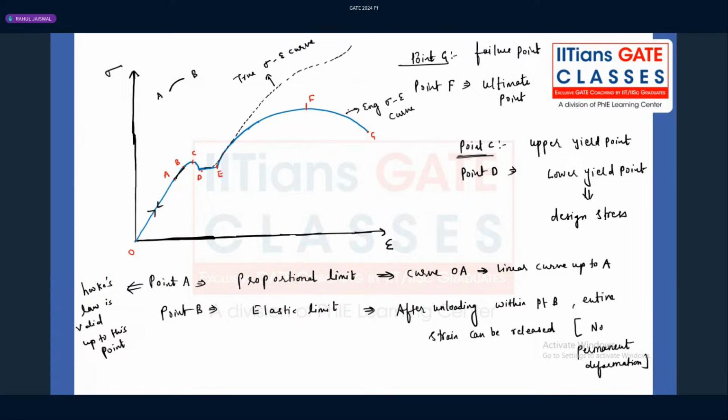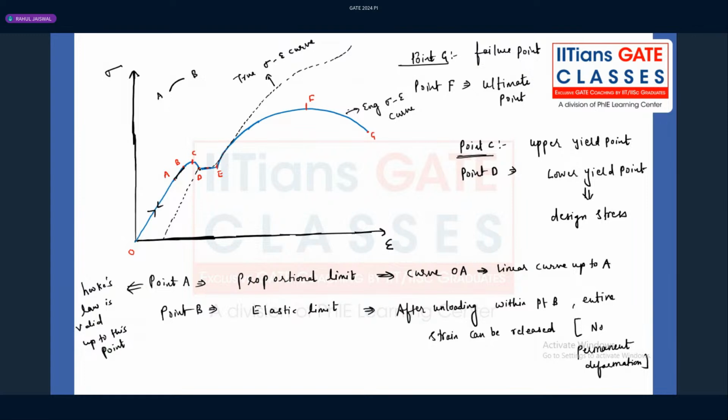But beyond the point C, if you load it from the initial yield stress, let's say from a point C you are unloading it, then what will happen? Definitely this unloading path will not remain the same, it will be like this.